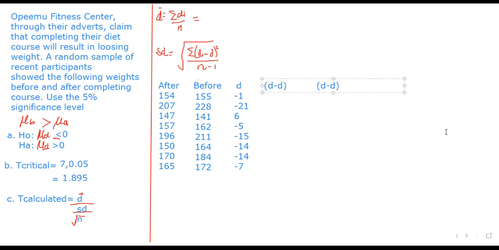So you have to find the d bar first. The summation for the di is negative 71, so negative 71 over n. n was what? 8. Which will give us negative 8.875.